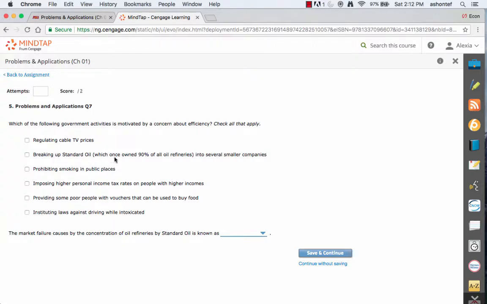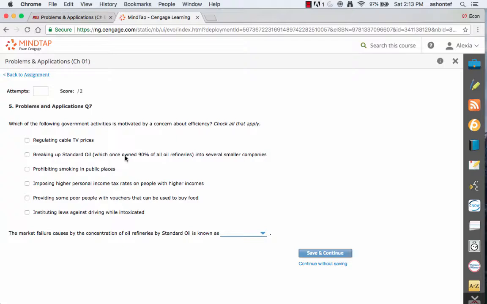Breaking up Standard Oil, which once owned 90% of all oil refineries, into several smaller companies. Again, we'd want to be sure that that's being motivated by an efficient use of our resources. Prohibiting smoking in public places, again, that's an efficiency concern. So the ones you want to be checking off here are things that have to do with being efficient.